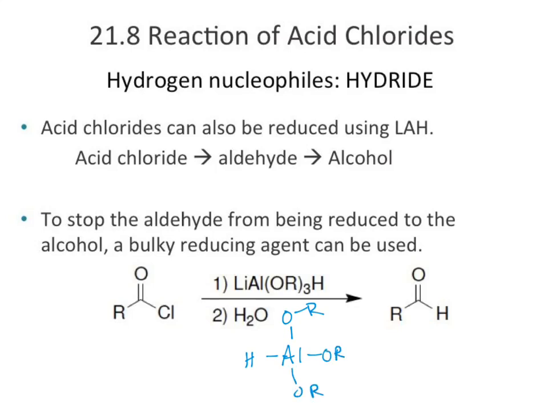In this case, those oxygens are doubly important. Not only do we have the bulk of those R groups, but what do those oxygens do, particularly with their lone pairs? They can share electron density with the aluminum, which does what to the aluminum's reactivity? Decreases it. So now it's less likely to even want to coordinate with the oxygen from our aldehyde.